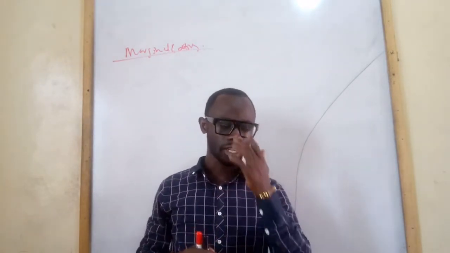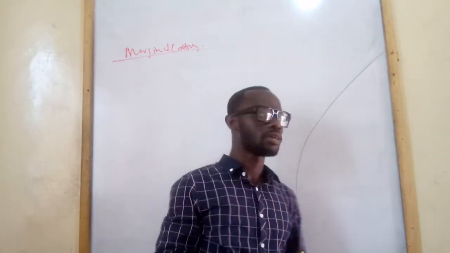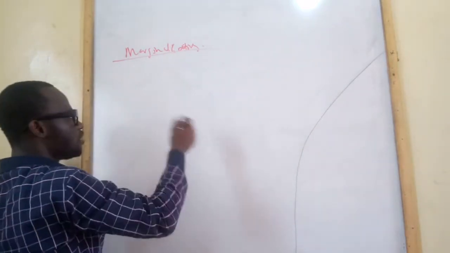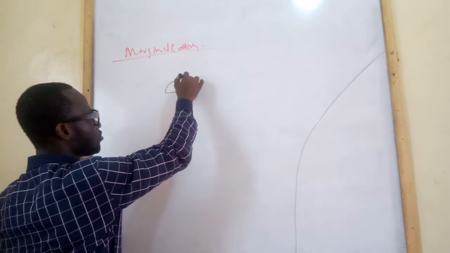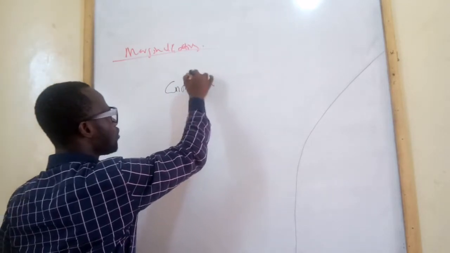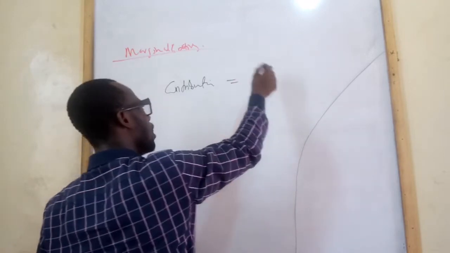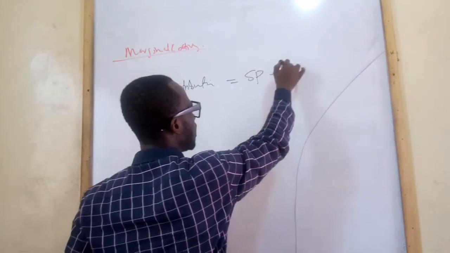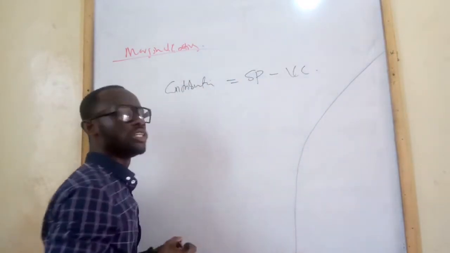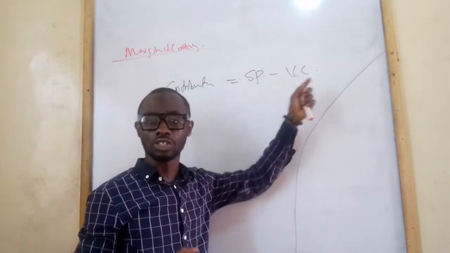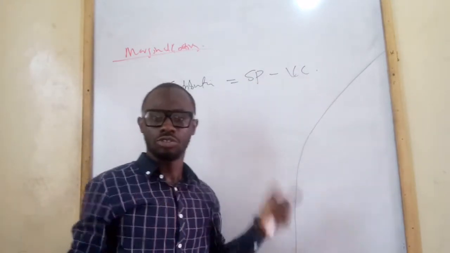So when we are undertaking marginal costing, we are interested in contribution. Contribution is your selling price minus the variable cost per unit. So the sales revenue minus total variable cost will give you the contribution.